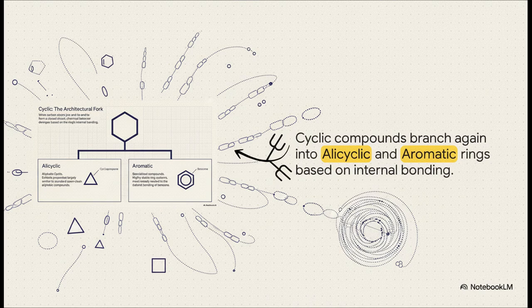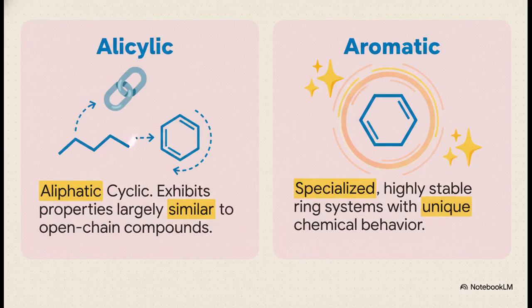This decision splits all cyclic compounds into two major categories, alicyclic and aromatic. So what's the real difference between them? Well, think of alicyclic rings as just open chains that have been bent into a loop. Chemically, they behave in a very similar way. Aromatic rings, however, are special. They have a unique, flat structure with a circle of electrons that are shared across the entire ring. This whole arrangement makes them incredibly stable and gives them a completely different set of chemical properties.